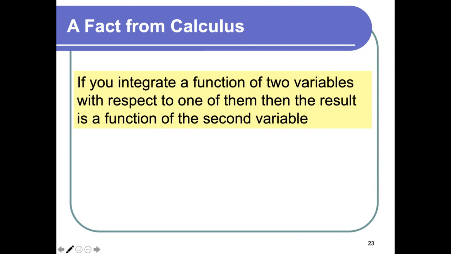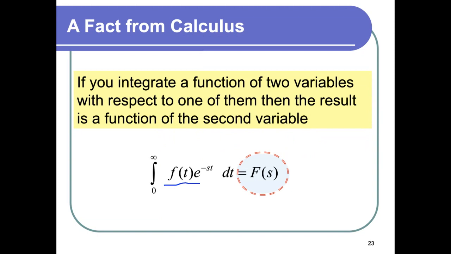Now, we can use this fact to give the definition. Let's imagine that we have f of t, the time domain function, multiplied by the exponential e to the power of minus st. Notice that this function, call it h, is really a function of two variables, t and s.